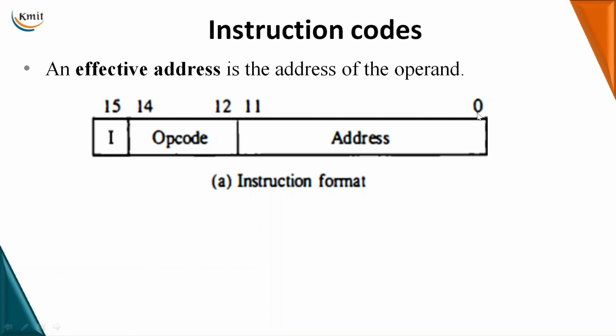Bits 0 to 11 identify the address part, bits 12, 13 and 14, three bits, identify the opcode, and the last bit identifies the mode bit. The opcode specifies the operation to be performed, and the address part specifies the address of the operands.